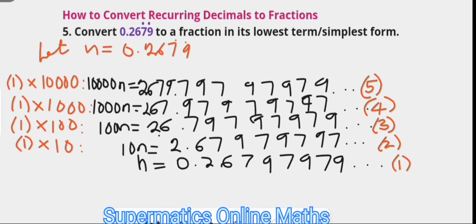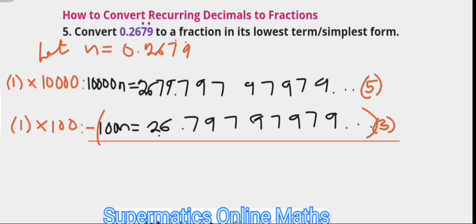Looking carefully at this shows equation 5 and equation 3 aligning. So equation 1, 2, and 4 are deleted, and then we subtract equation 3 from 5, and this is going to give us 9,900n equals 2,653.